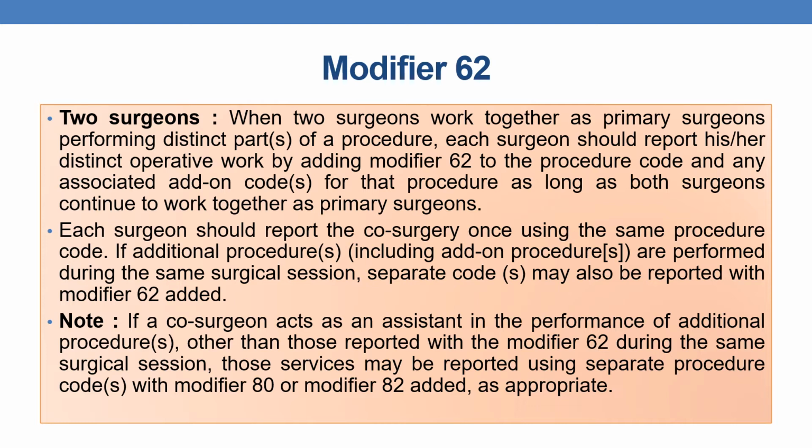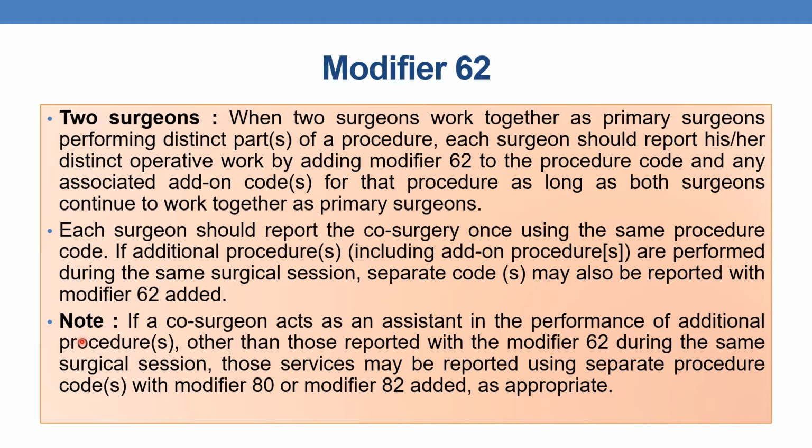And each surgeon should report the co-surgery once using the same procedure code. If additional procedures, including add-on procedures, are performed during the same surgical session, separate codes may also be reported with modifier 62 added.